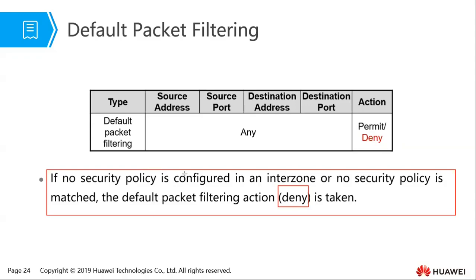Of course, most of the time we use the 5-tuple information to identify different traffic, like the source address, source port number, destination IP address or destination port number. Then the action can either be permit or deny.